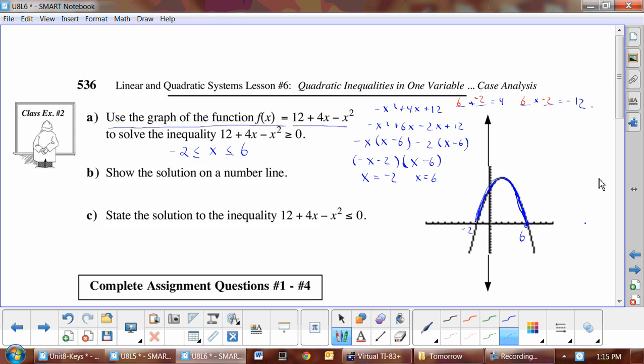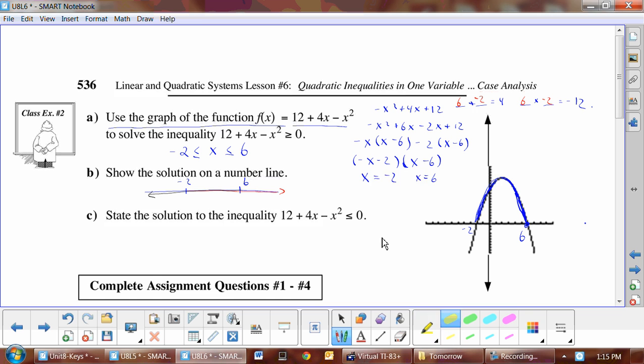Okay? So then they ask us to draw the solution on a number line. So we go -2 and 6. When x is greater than -2, it goes that way. When x is less than 6, it goes that way.